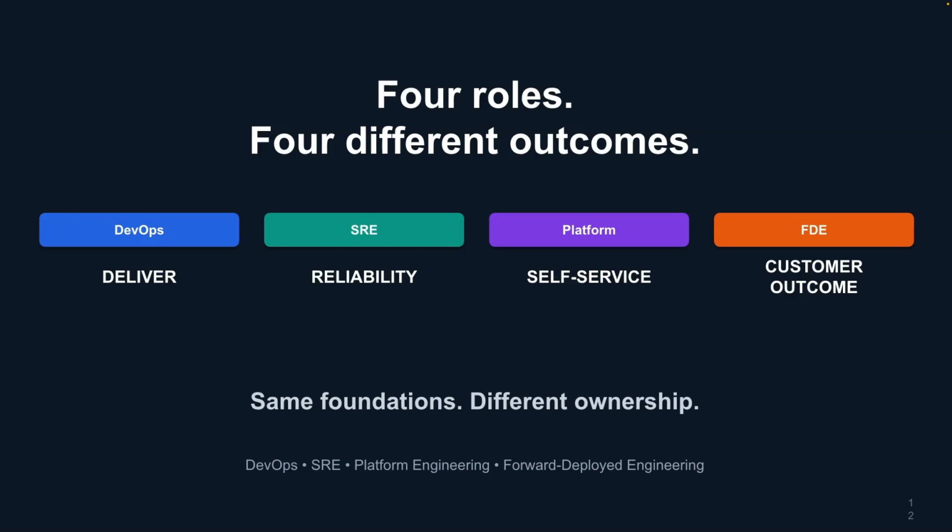If you enjoy production incidents, observability, performance, and reliability, look at the SRE field. If you enjoy building tools and platforms that make other engineers productive, look at platform engineering. And if you enjoy solving ambiguous technical problems, writing code, working directly with customers, and connecting many different technologies together, forward deployed engineering may be particularly interesting.